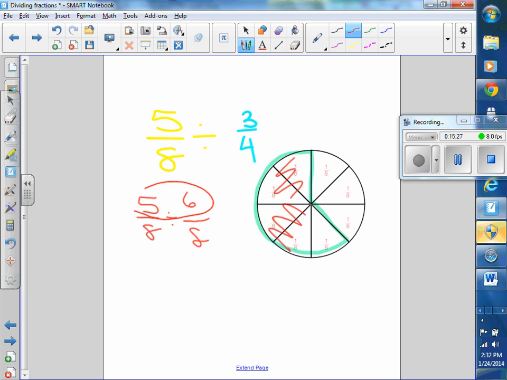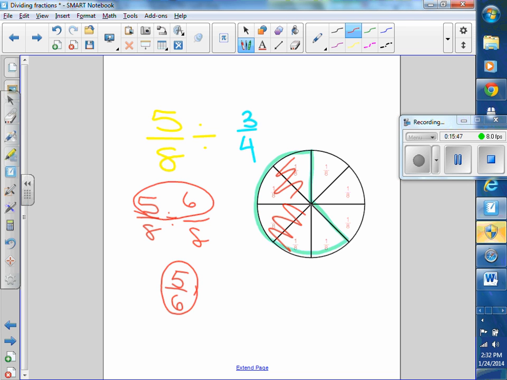What's 5 divided by 6? It's just 5/6. So it's 5/6 of 3/4. So that's where it gets weird, but that's where you could use the pattern.